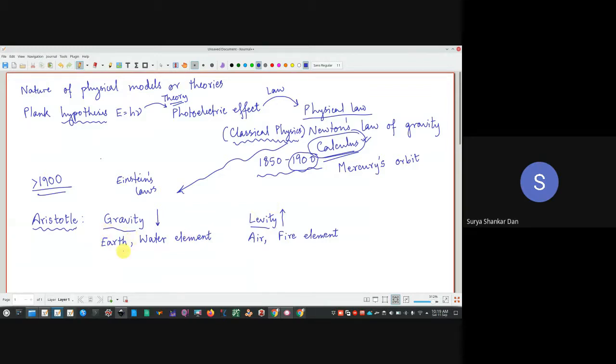What is this earth element? It's basically anything solid. What is water? Any liquid, simple. What is air? Anything gaseous.